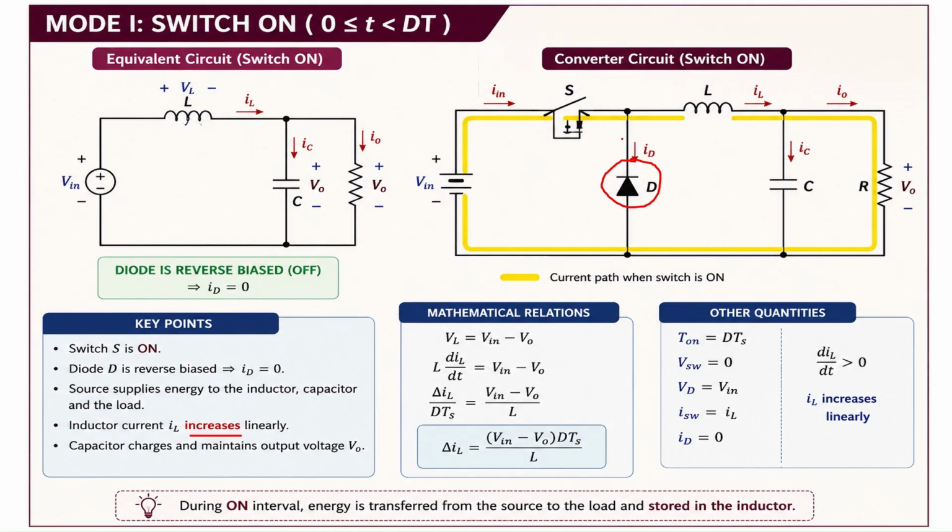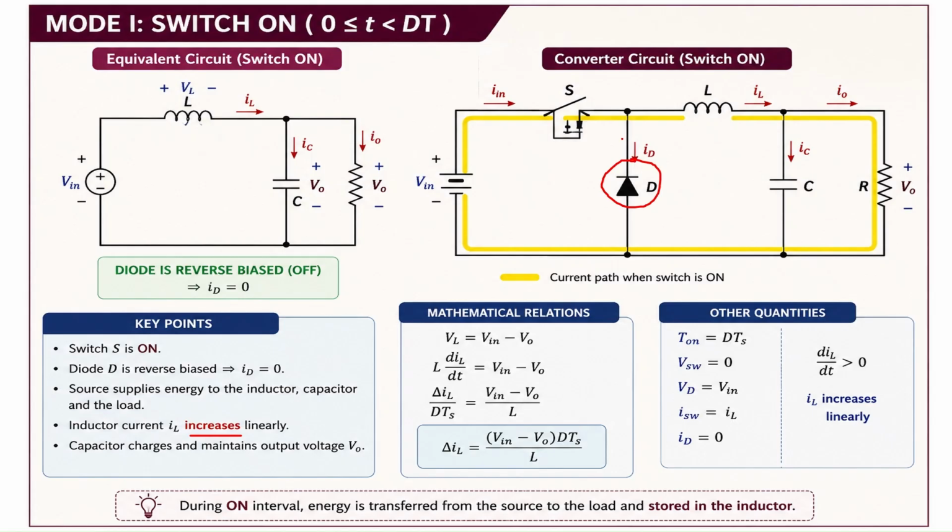So here the voltage across the inductor, VL, will be equal to V in minus V naught. From the circuit diagram, when you apply Kirchhoff's voltage law, we can understand that VL is equal to V in minus V naught.